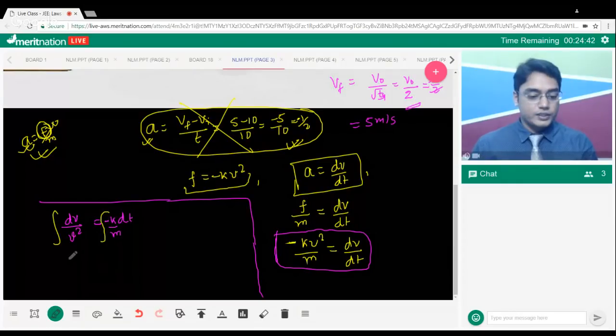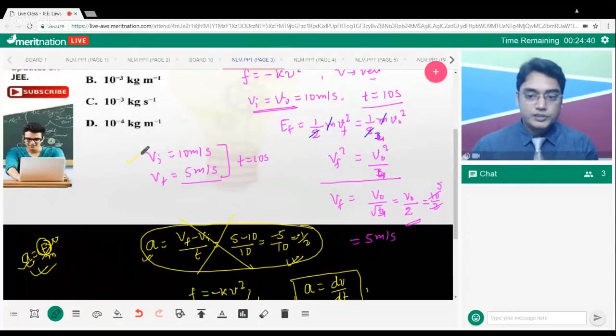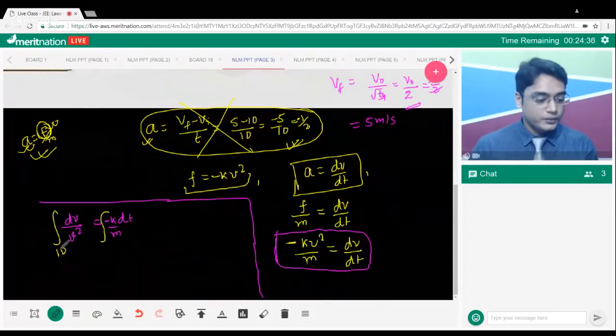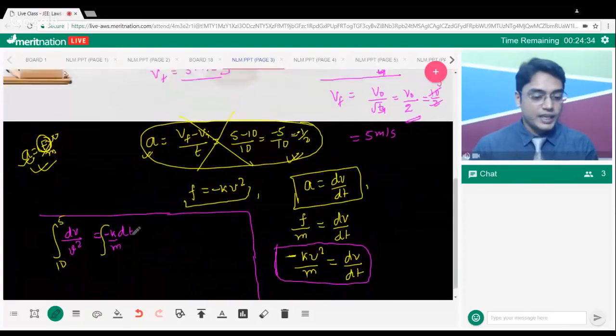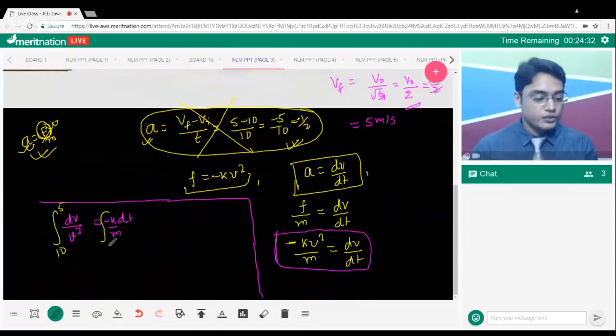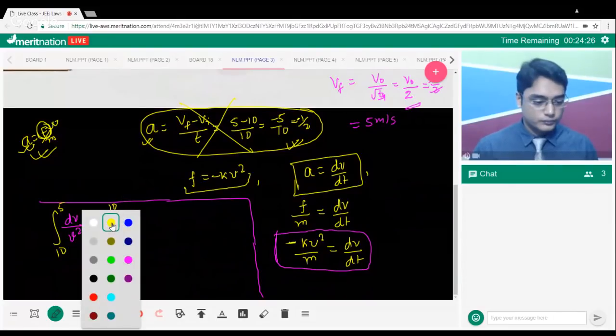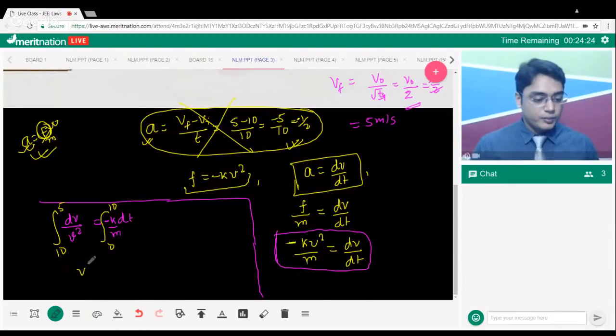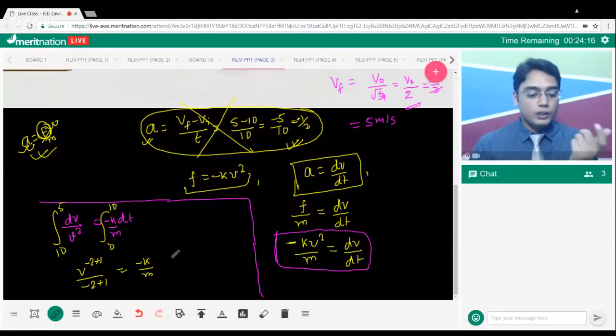Guys, initial velocity is given as 10 meter per second and final is 5 meter per second. So we'll take 10 to 5, and time is given as 10 second, means 0 to 10. Rest is integration. So you can say this is v to the power minus 2 plus 1 upon minus 2 plus 1 is equal to minus k by m, and integration of dt we all know is t, 0 to 10.